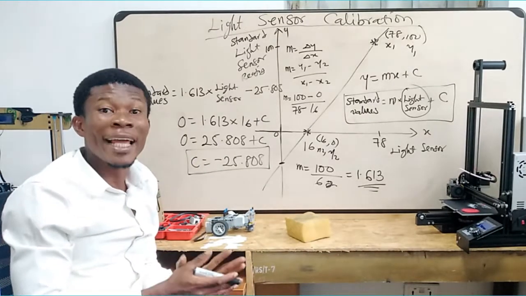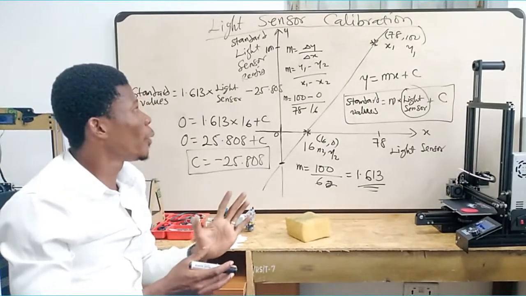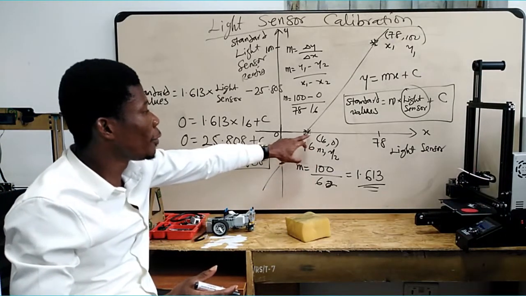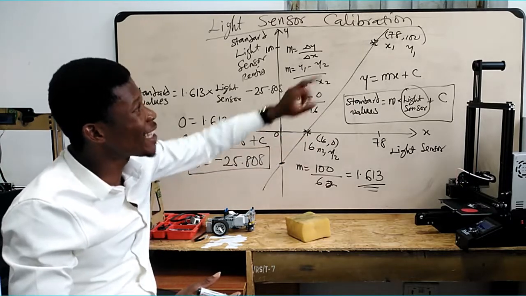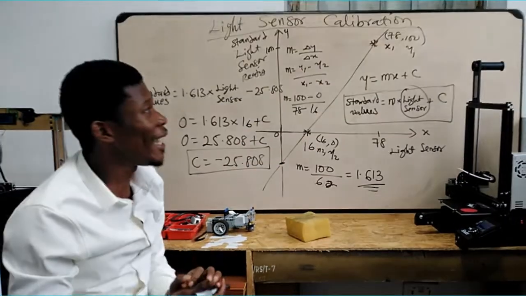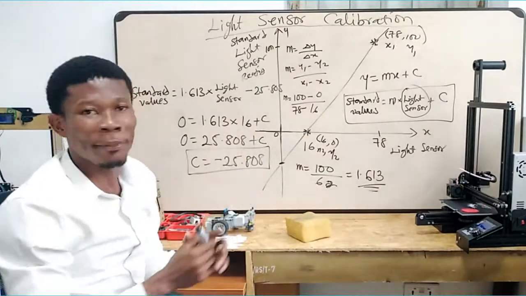This makes our robot behave better because after doing this, the least value will be transformed from 16 to 0 and the maximum value will be transformed from 78 to 100, which opens up the range.